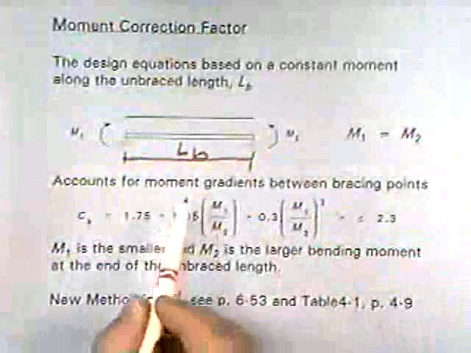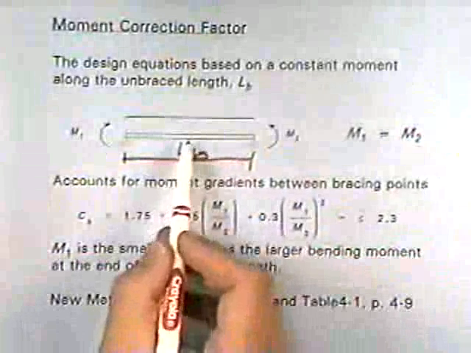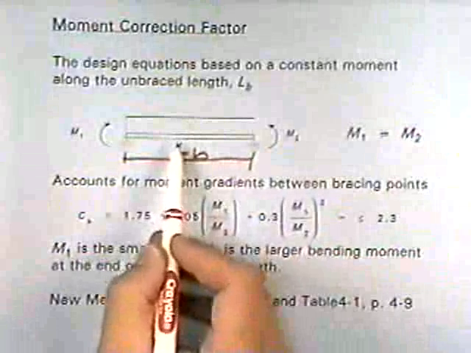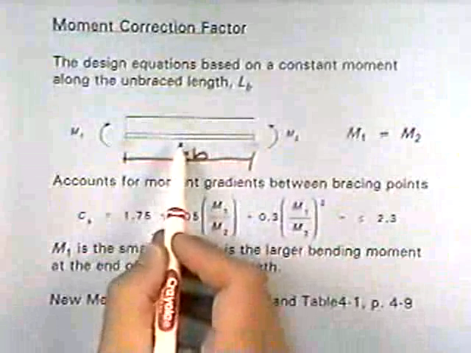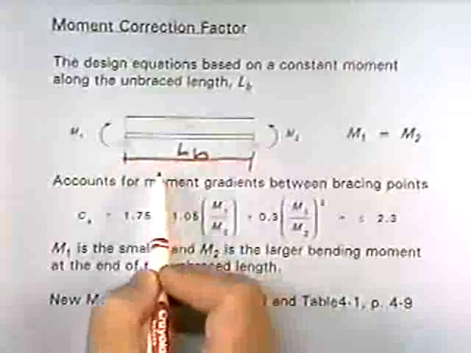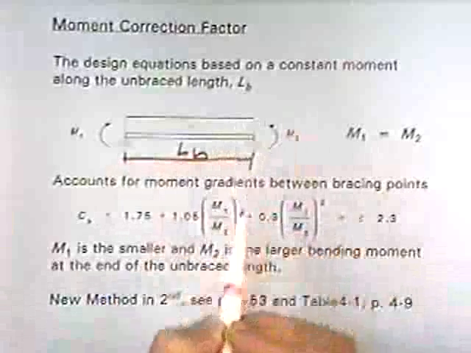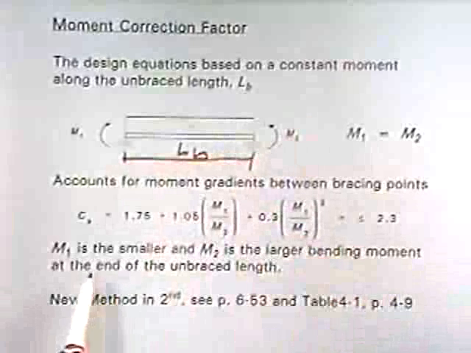The problem with that is that very rarely occurs, but this is the worst case because it puts the maximum stress in the compression flange along its whole length. So it's like having a column that's fully stressed. But in reality, you very rarely get that, so you need an adjustment factor.